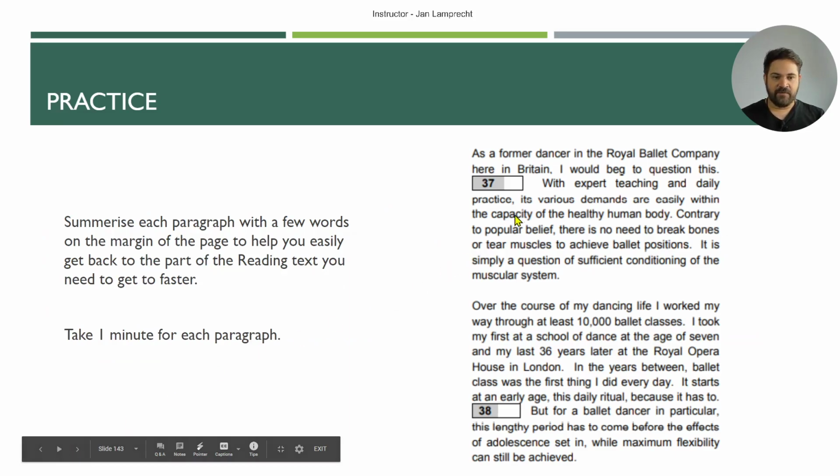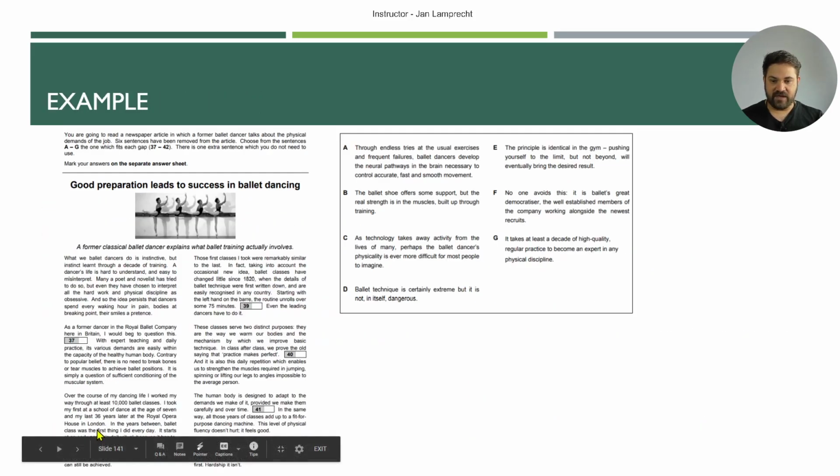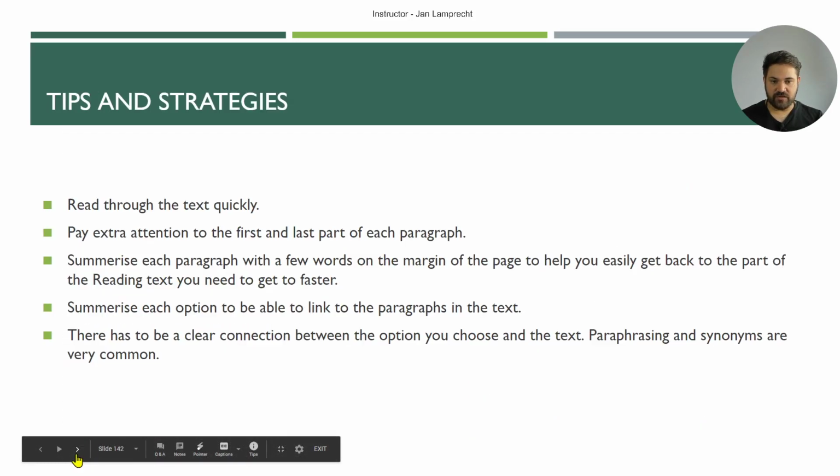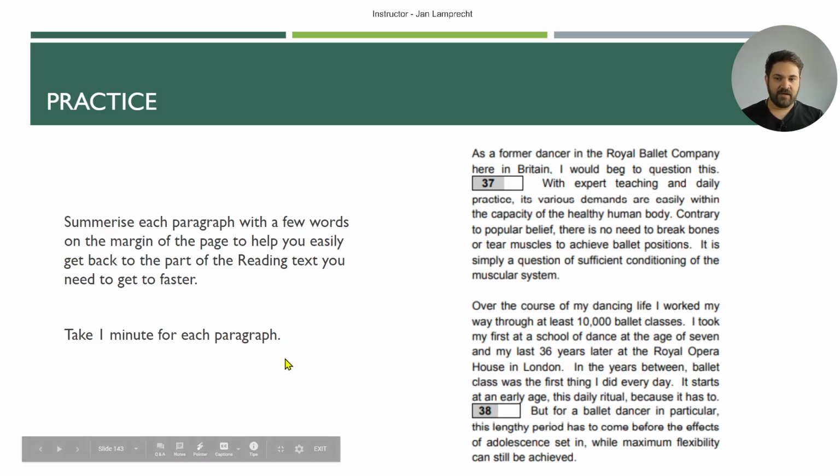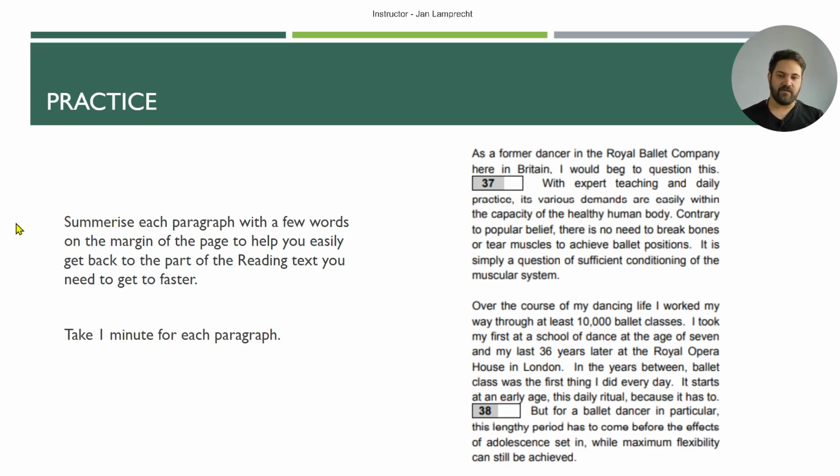So you have 37 and 38 right here. These are this one and that one. So I made them larger, and here you have. Now, the first thing you're going to do is summarize each paragraph with a few words on the margin to help you get back to that specific area of the whole passage quickly and faster when you look at your options.